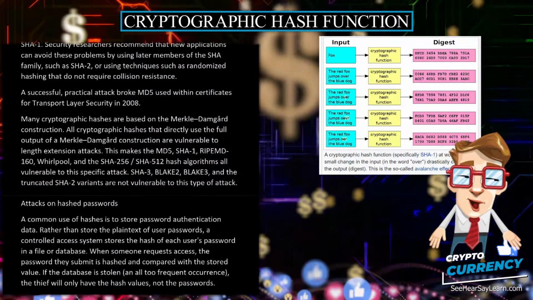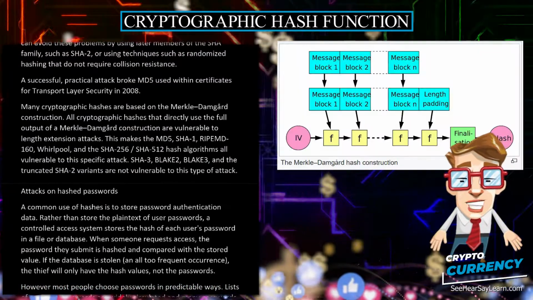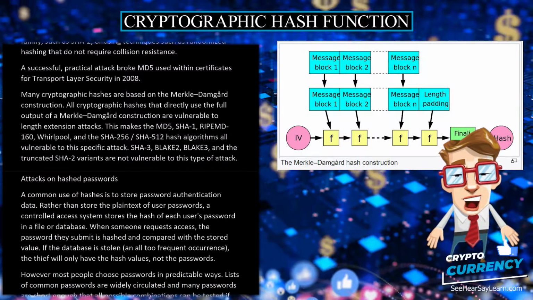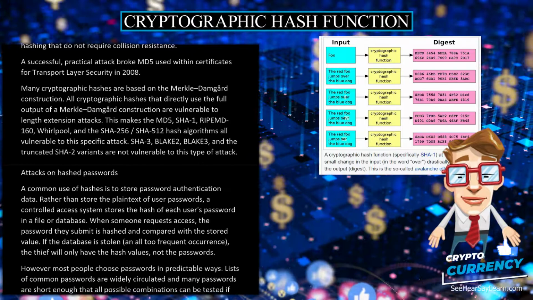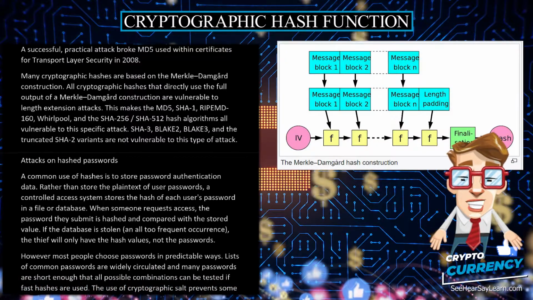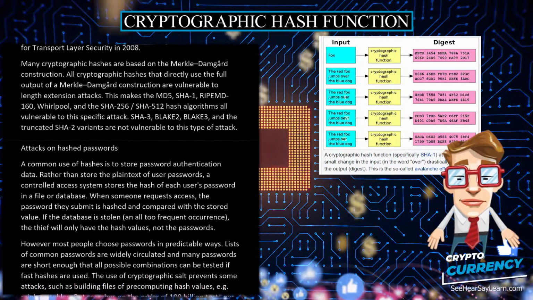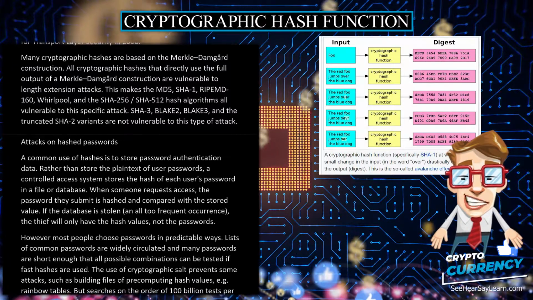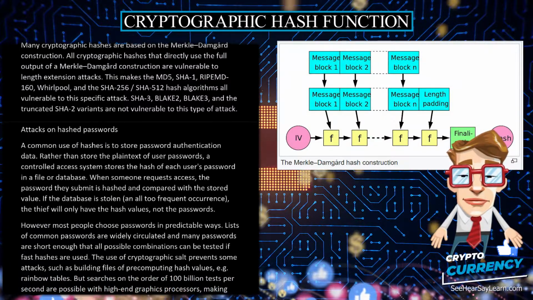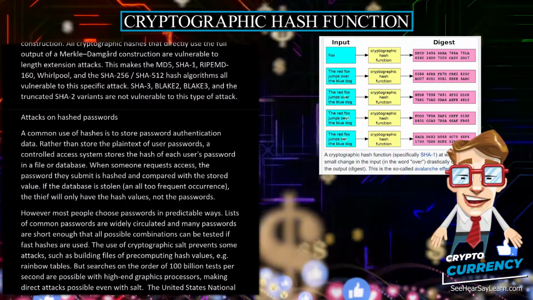The use of cryptographic salt prevents some attacks, such as building files of precomputed hash values, for example rainbow tables. But searches on the order of 100 billion tests per second are possible with high-end graphics processors, making direct attacks possible even with salt. The United States National Institute of Standards and Technology recommends storing passwords using special hashes called key derivation functions, KDFs, that have been created to slow brute force searches.